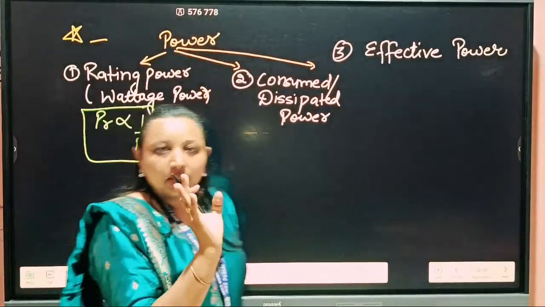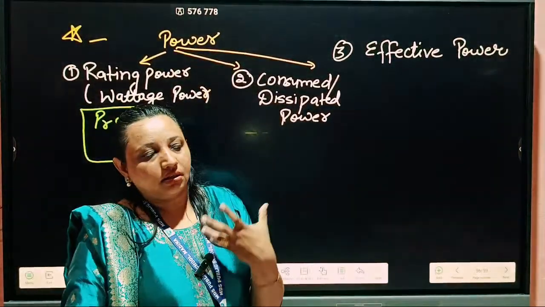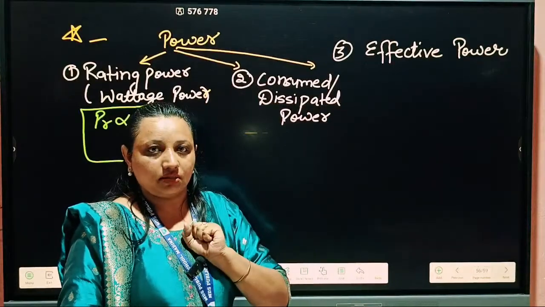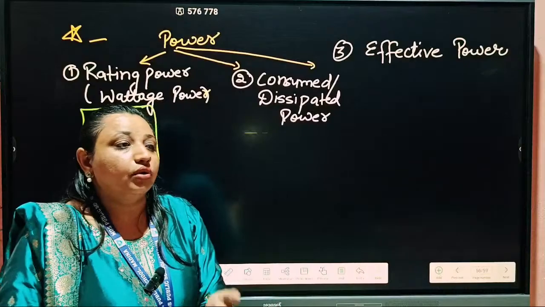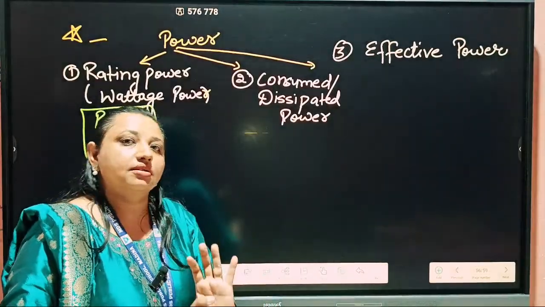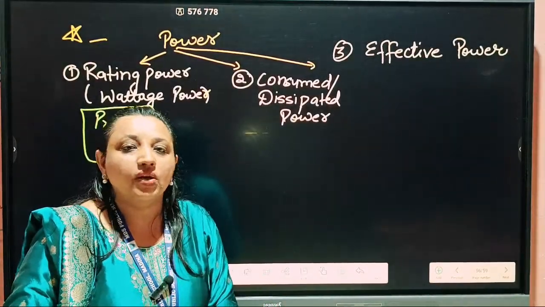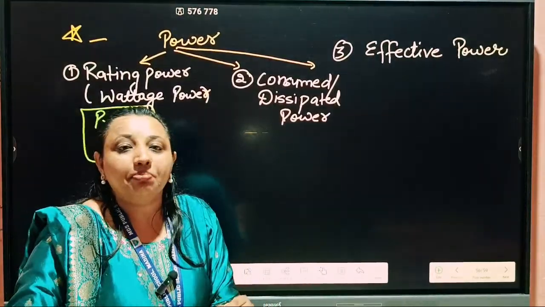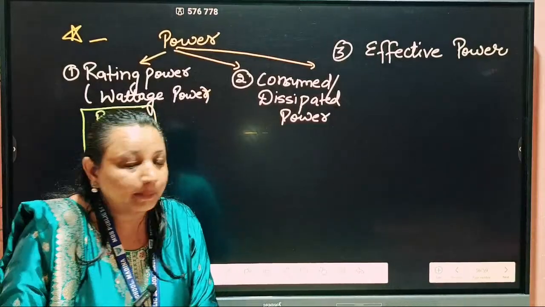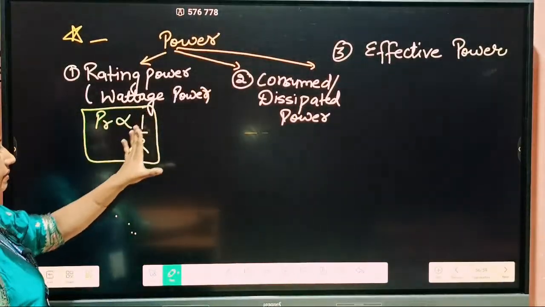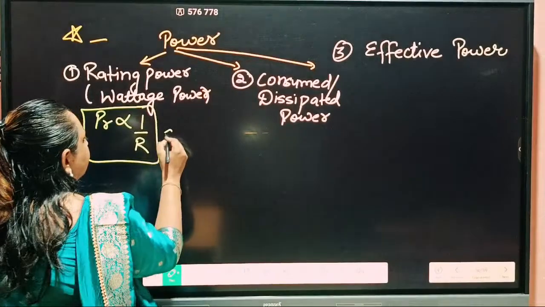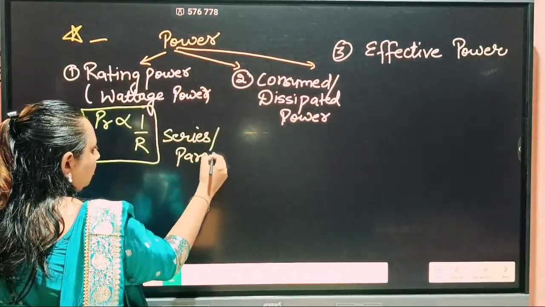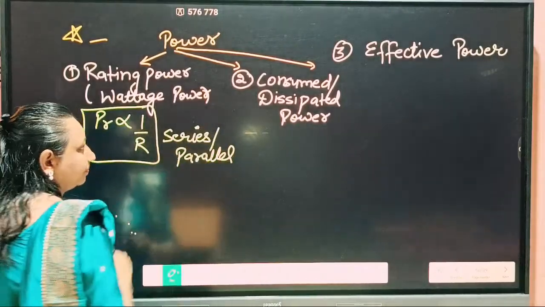Remember it, na? If in a question you are asked that by just seeing the rated power, you have to say whose resistance is greater, then without wasting time, we can easily give the answer that the less rated power has greater resistance, right? So rated power is inversely proportional to the resistance, whether it is series combination or the parallel combination, right?